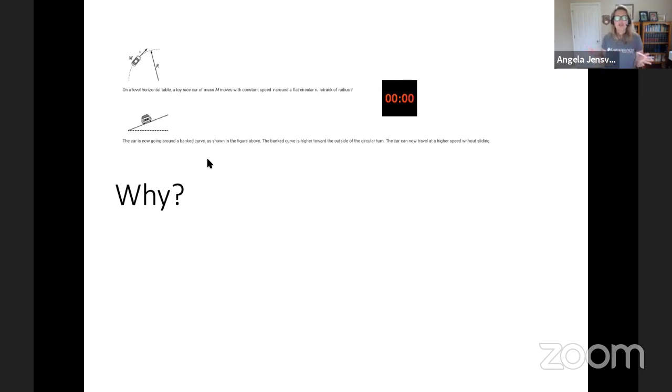Okay, what do we need to do to figure out the answer to this question? We need a force diagram. In the first one, the only thing pulling you toward the center is the friction between the ground and the car, right? But in the second one, you've got friction from the ground on the car, and you've got normal force from the ground on the car.